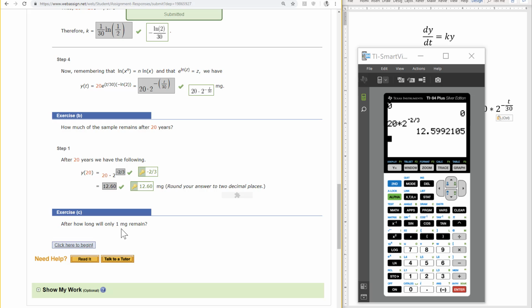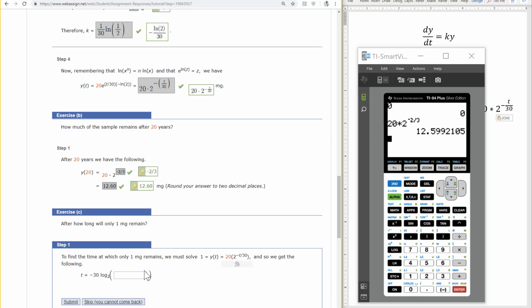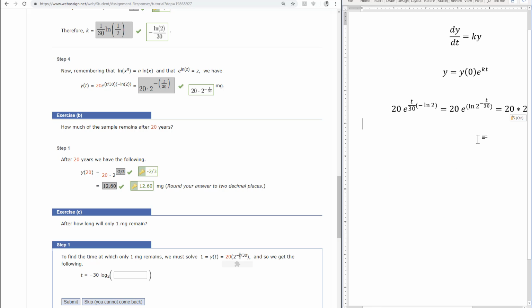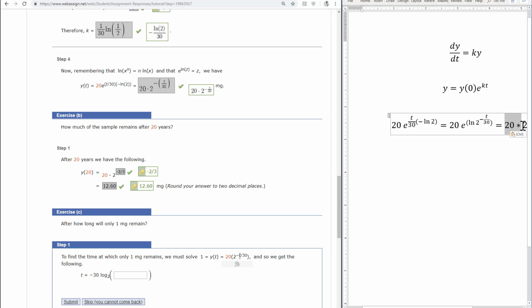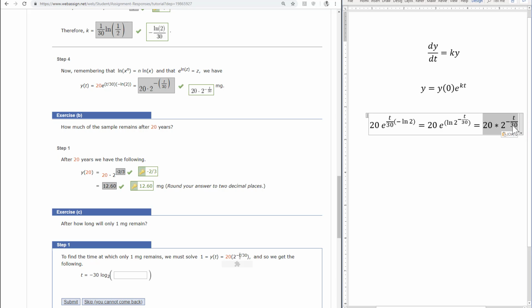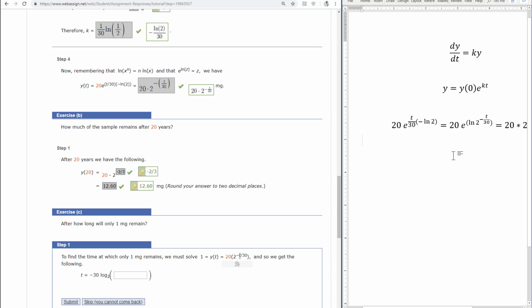And then, how long will it be until you only have 1 milligram left? So to find this, we must solve this equation where you have 1 milligram out of that function over here. And so it looks like we're going to solve for t, the t over here. So we want to solve for this when this expression is equal to 1.